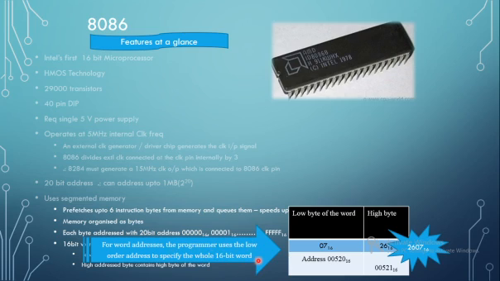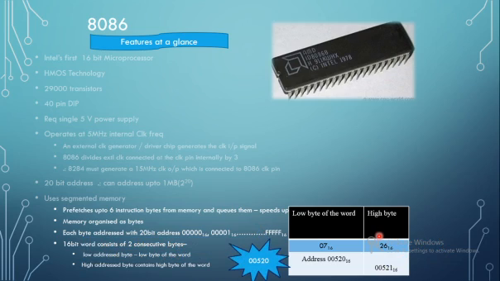What does that mean? The programmer need not specify both addresses. The programmer will only specify the low order address, and the data from the next location will be automatically fetched. Let's see how it is done. So 00520 will be the only address mentioned in this particular example to represent a 16-bit word.